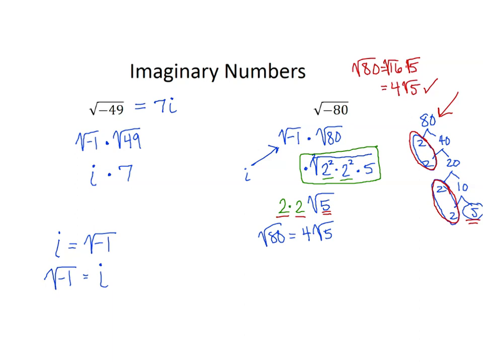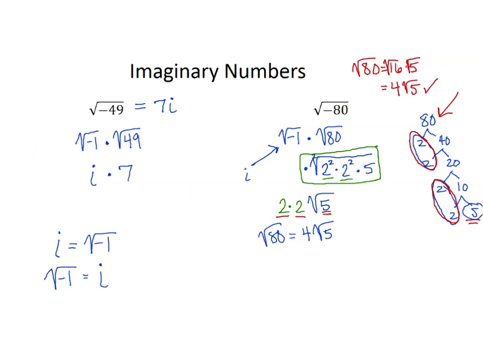So we know that the square root of -1 is i. And we know that the square root of 80 is 4 radical 5. So now we've got to put them together.